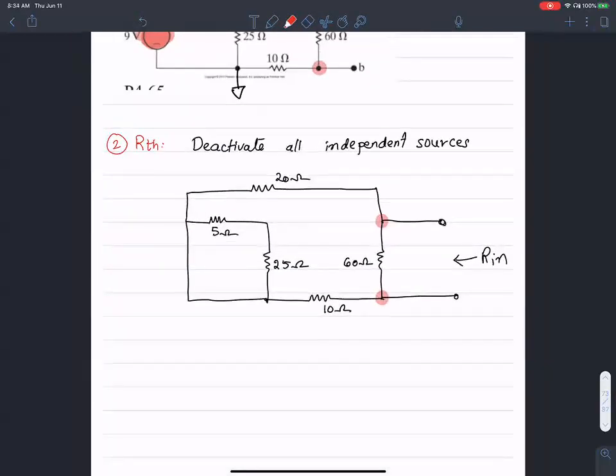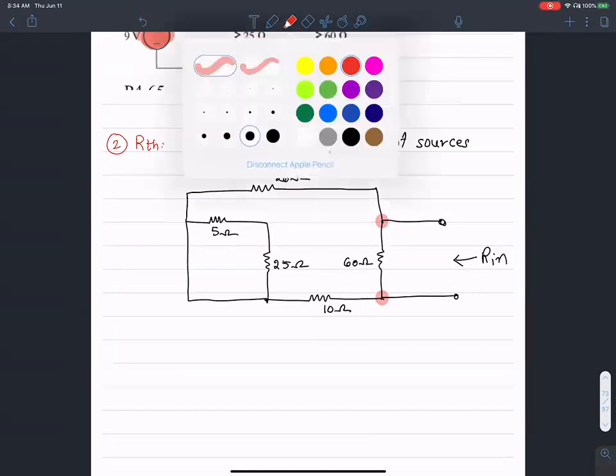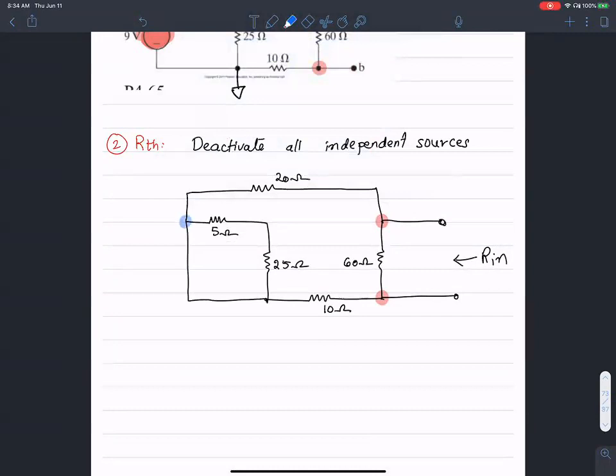All I have done is short circuited the voltage and open circuited the current. Now take a look at these two terminals, terminal X and terminal Y. What is very interesting about these?